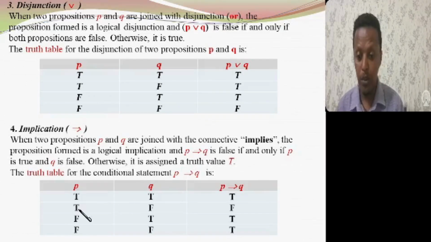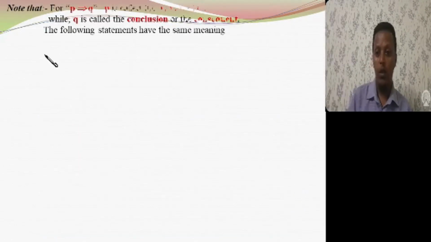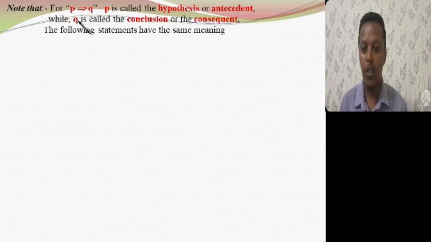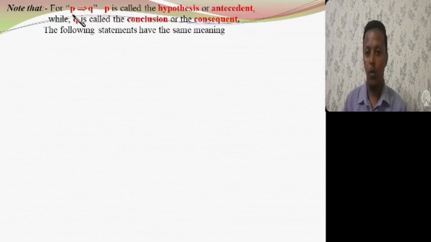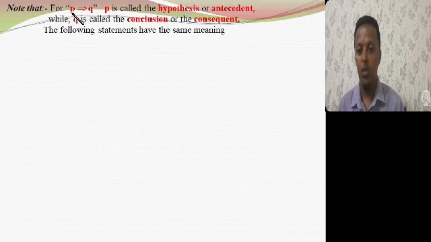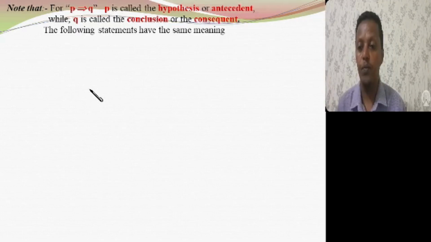So when the hypothesis is true and the conclusion false, in logic true implies false is false, otherwise it is true. Like I said, for P implies Q, P is the hypothesis and Q is the conclusion. Or sometimes we say P is the antecedent and Q is the consequent. So when you imply from a true hypothesis to a false conclusion, true implies false will be false, otherwise it is true.